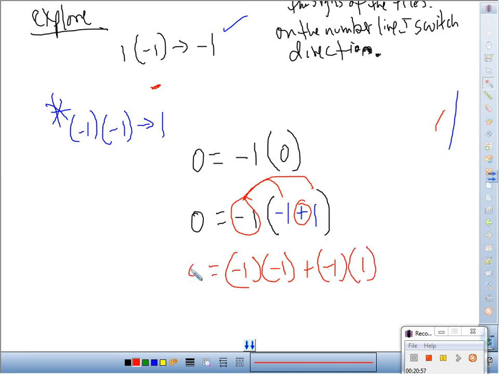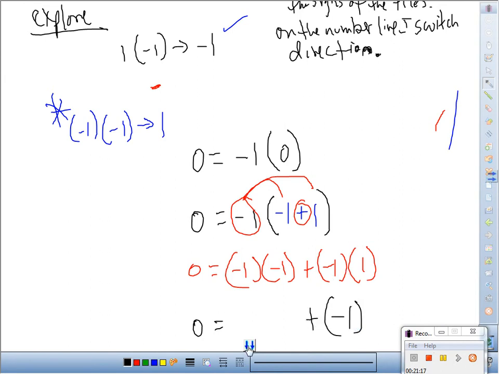And all that is equal to 0. So now let me ask you a question. 0 stays the same. The equal sign stays the same. What is negative 1 times 1? What did we say that was? Negative 1. Are we there so far? Okay, so you agree that these two are this, right?